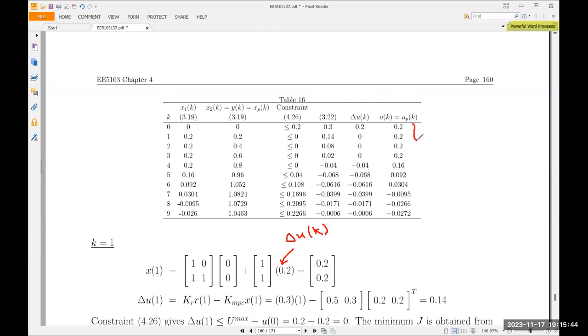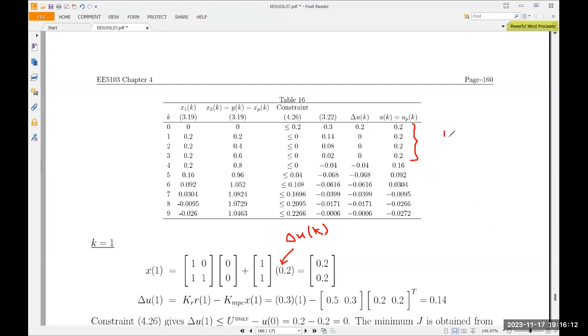Throughout, because MATLAB always ensures that your delta U, your U is less than 0.2. So that's it. U will never cross.